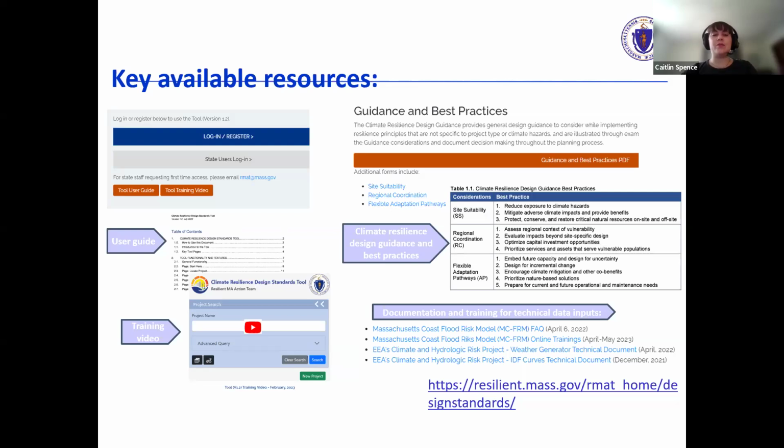There is a guidance and best practices document with information to consider site suitability, regional coordination, and flexible climate adaptation pathways in the design of the project. And there are documentation documents and training for technical data inputs to the tool for those who want to understand how it works on a deeper level.